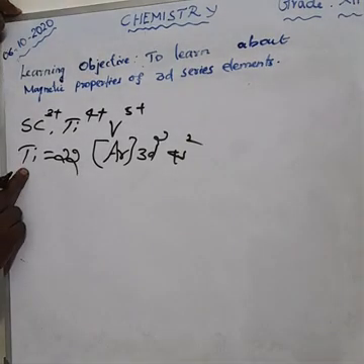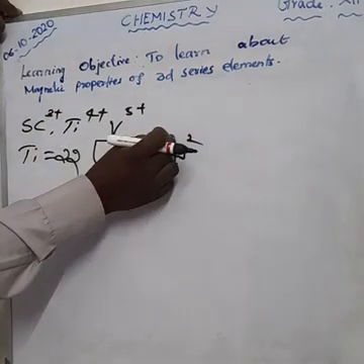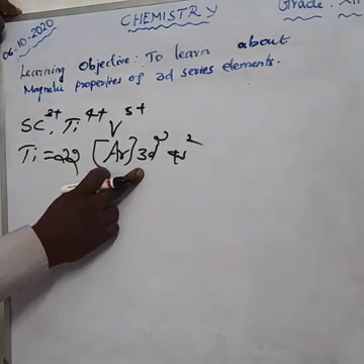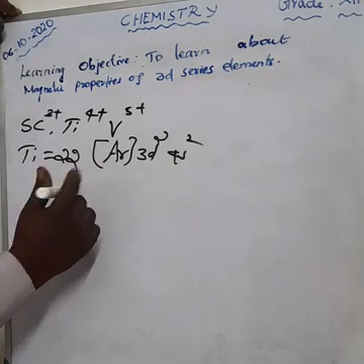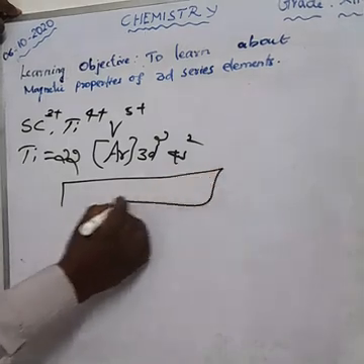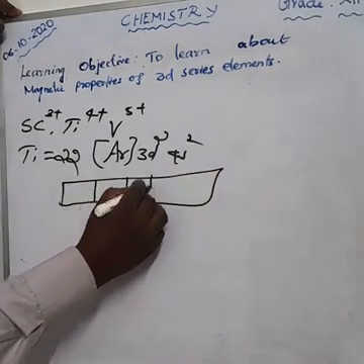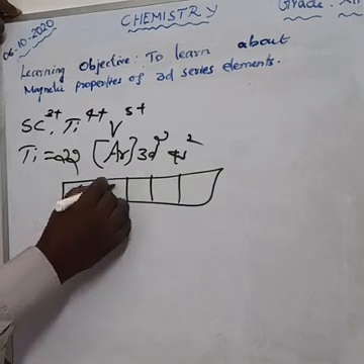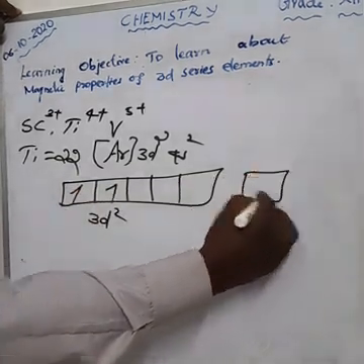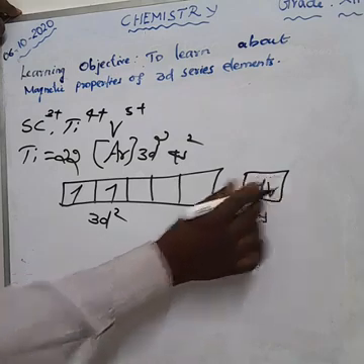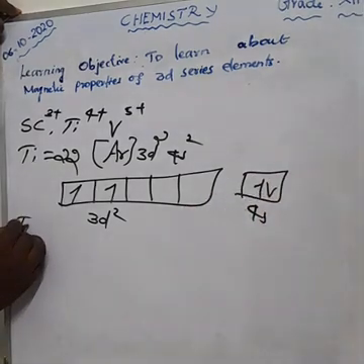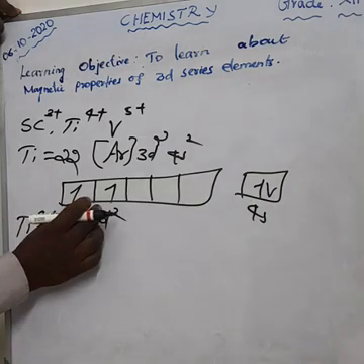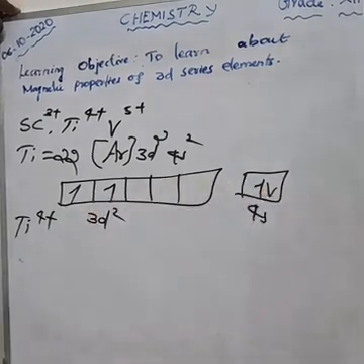Here titanium loses 4 electrons. So these electrons are lost, and we get the d0 configuration. Am I right? Which configuration? 3d2, that is 2 electrons from the 3d, and 2 electrons from the 4s. So titanium 4+ means it loses 2 electrons from d and 2 electrons from s.